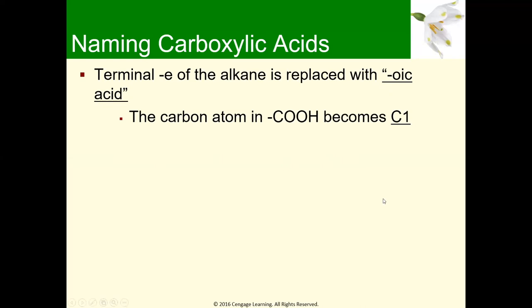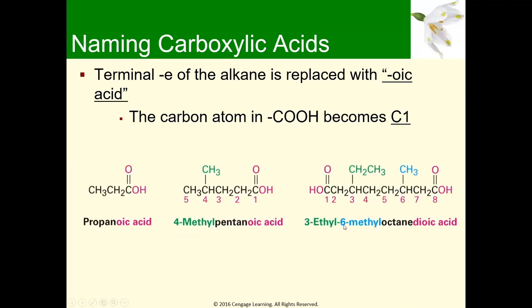Just like aldehydes, when you have a carboxylic acid, you know where carbon number 1 is because that's the carbon that has the carbonyl and the OH off of it. So the carbon atom in the COOH becomes carbon 1, with one important exception that we'll get to in the next slide. But first, some examples of the naming of carboxylic acids.